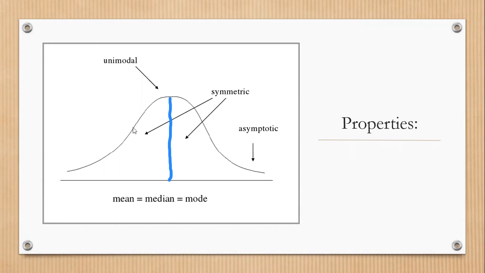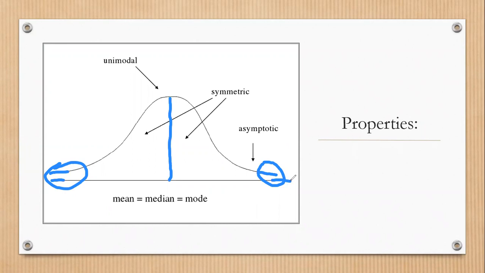Okay? Aside from being symmetric, it is also asymptotic. When we say asymptotic, as you can see on both ends of the tails, even if you want to extend the curve, it will never touch the x-axis. So this is our x-axis.